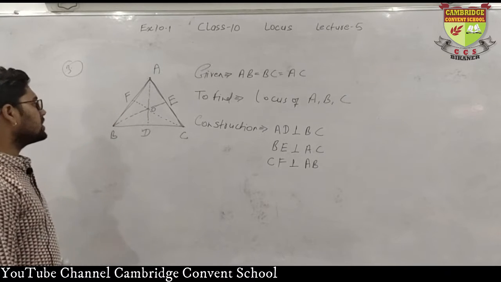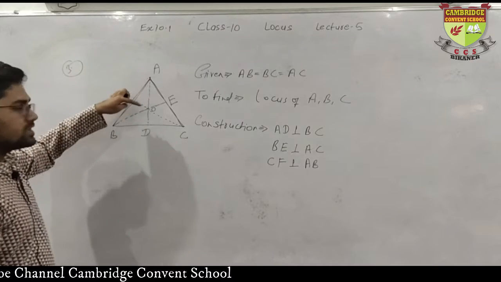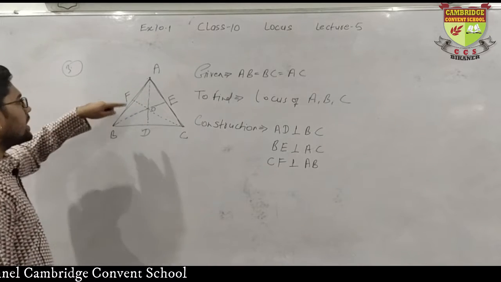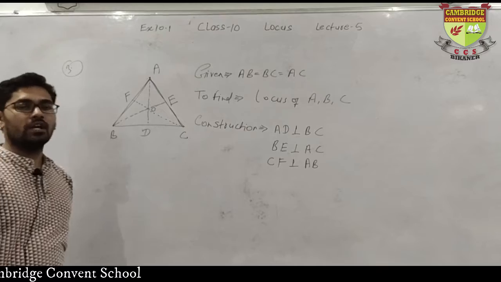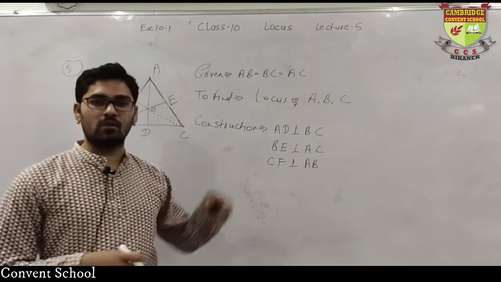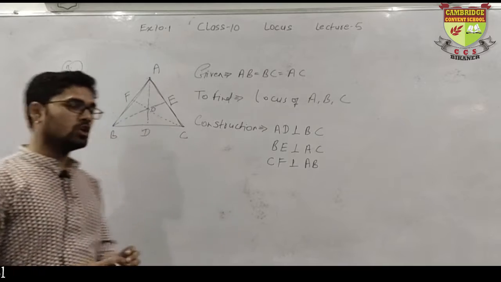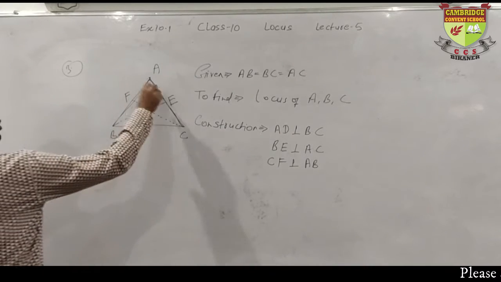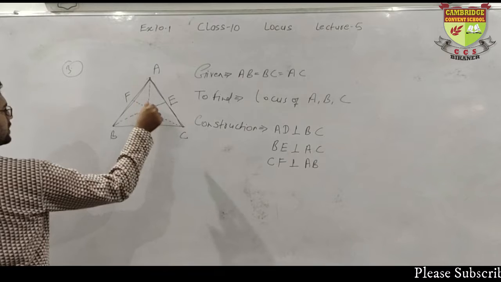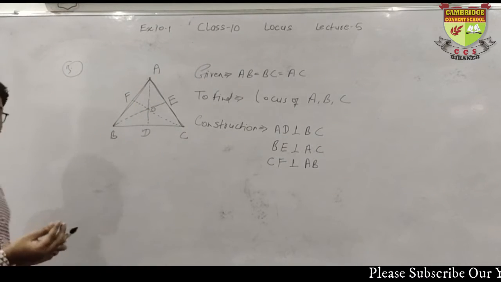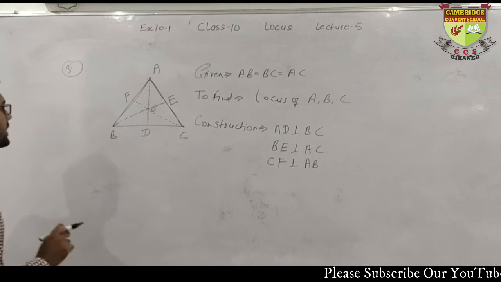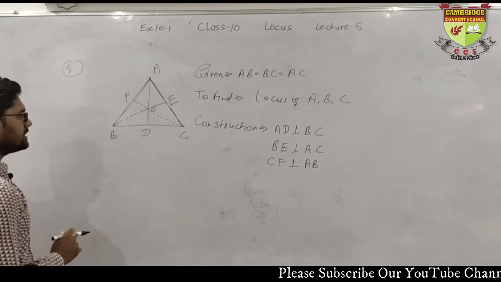O must be equidistant from A, B and C. If O is at equal distance from all these 3 points A, B, C, then O is said to be the locus. So we have to prove that OA equals OB equals OC. This is what we have to prove. Fine.